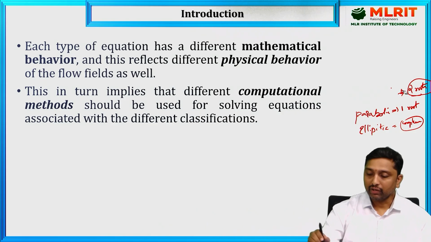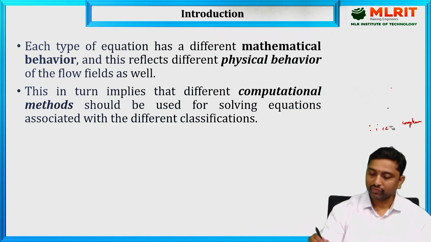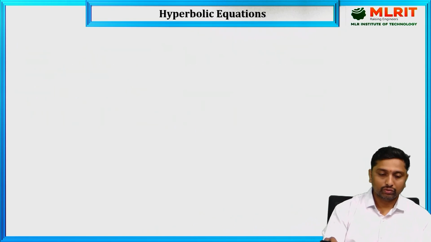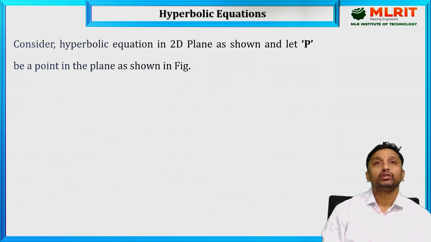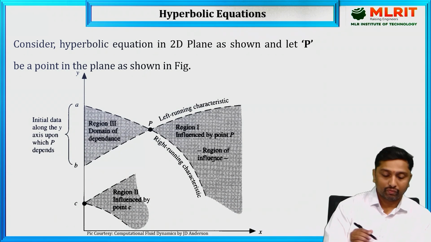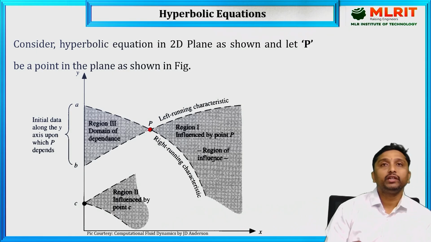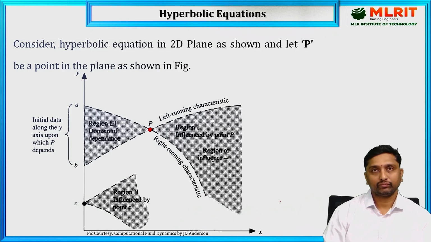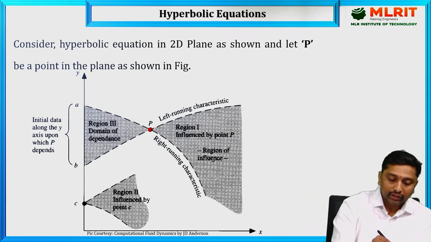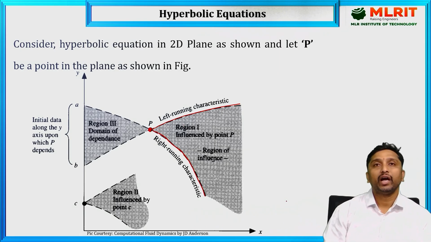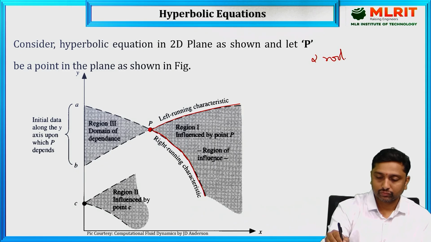So we start with the first, the hyperbolic equation, which has two roots, and the two roots are real and distinct. Let me consider a point P, where P is considered to be the disturbance. It can be any object in the flowing fluid. Here, if you observe, there are two characteristic curves, as we discussed, two roots.